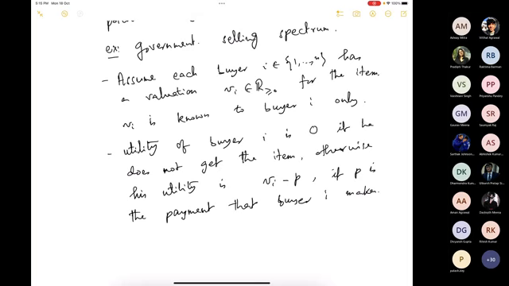Sounds reasonable enough. If he pays an amount P to get the item, then his utility is Vi minus P.